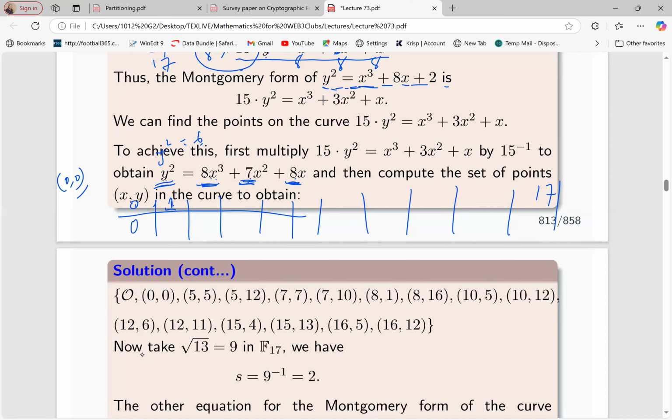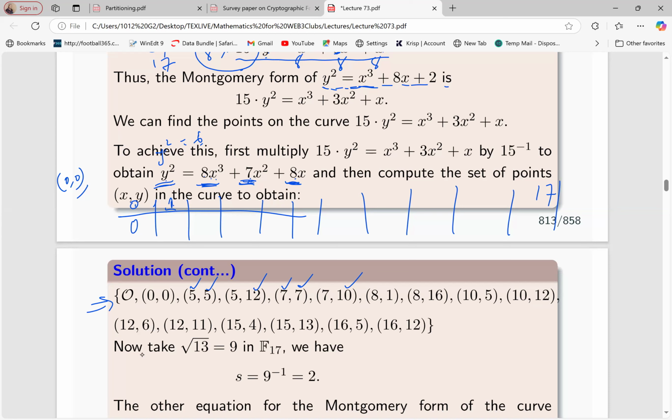When x is 2, there is no corresponding y value, and for 3, again, there's none. So we can only find them when x is 5, or 7, where we find the corresponding y values, and so on. That is how you come up with all the points.